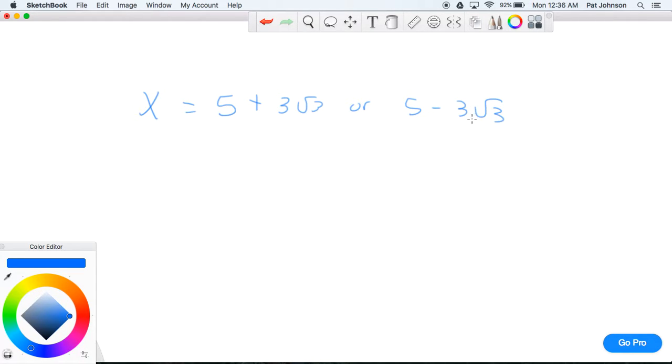We have an irrational number because of the square root, so we can leave it like this as an exact answer, or we can punch it in our calculator and get an approximate value, which would be 10.2 or negative 0.2. Either one of them will work. So that's a review of the square root property.